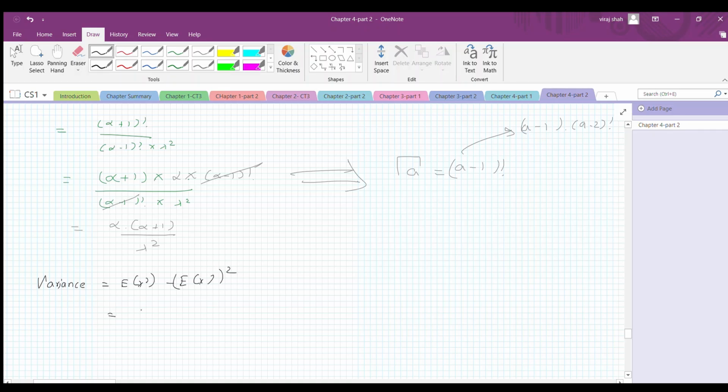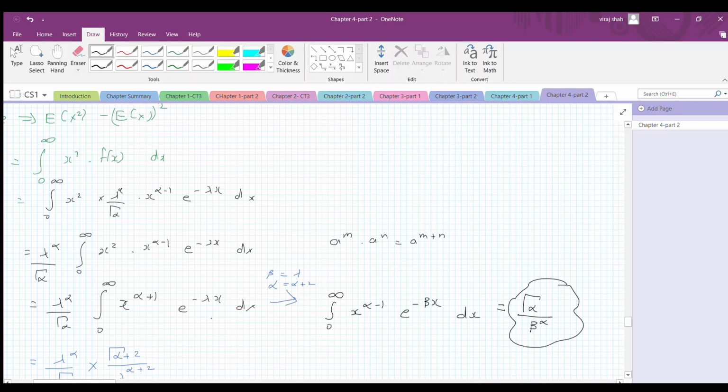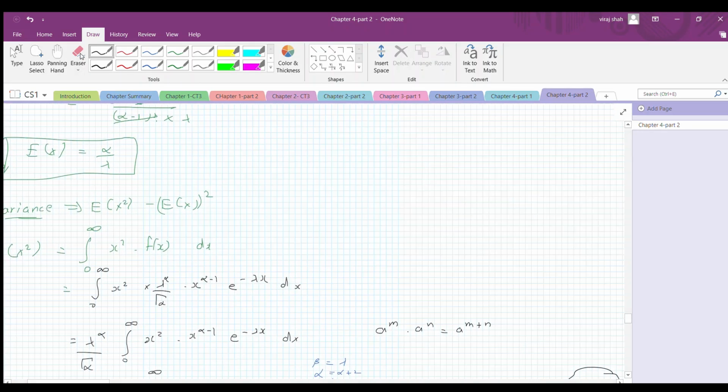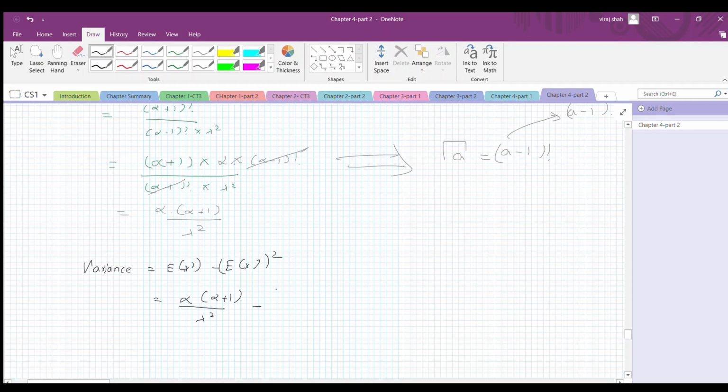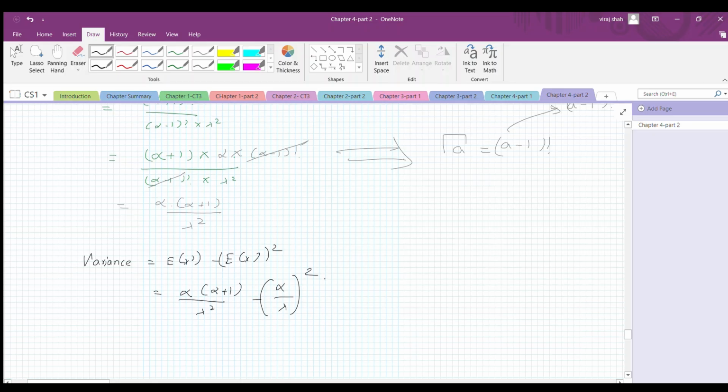It is alpha into alpha plus 1 upon lambda square minus what is expectation of x? It is alpha by lambda, right? So yeah, let me write alpha by lambda. Expectation of x the whole square. So expectation of x is alpha by lambda the whole square, right?